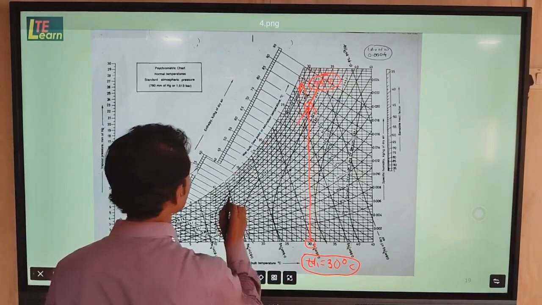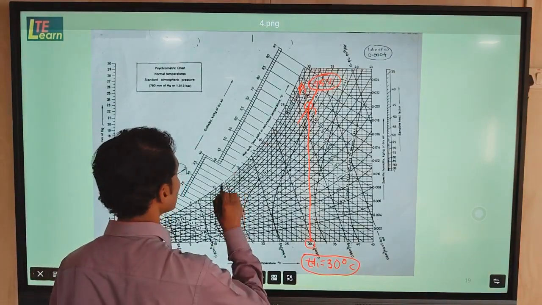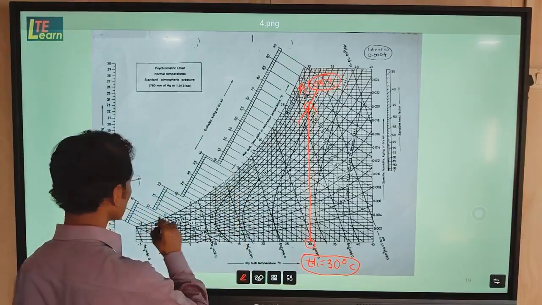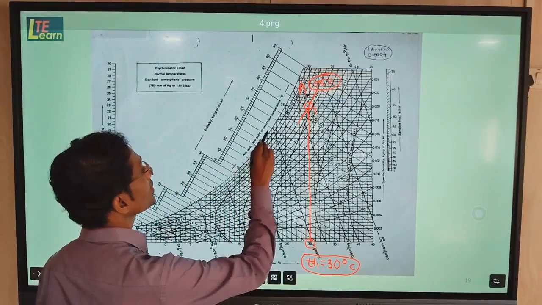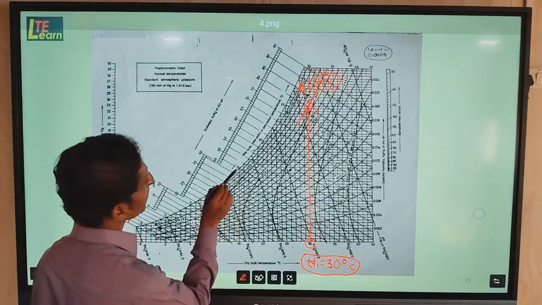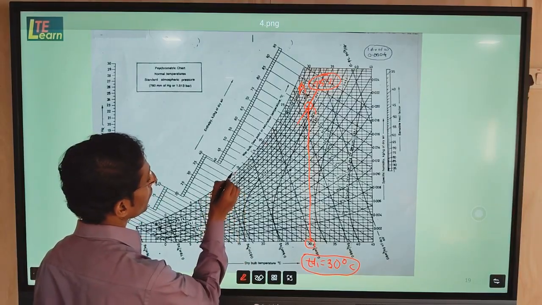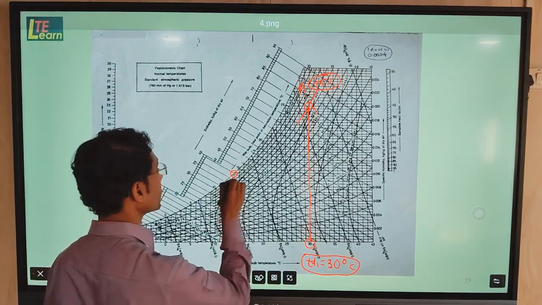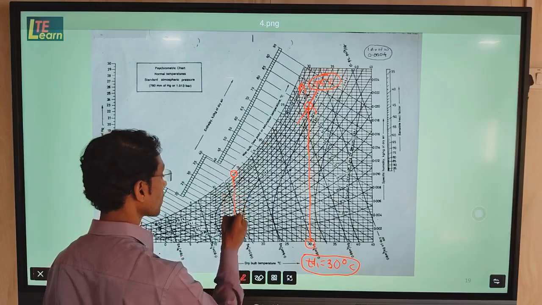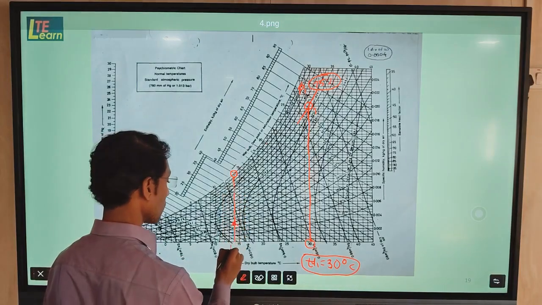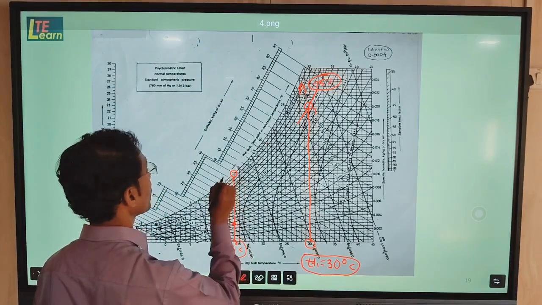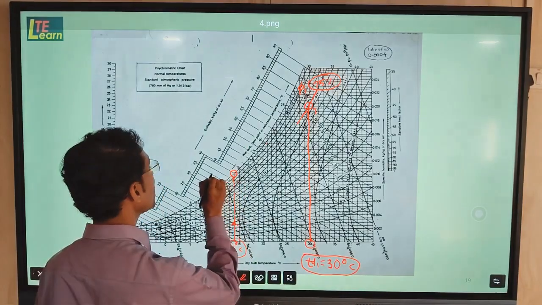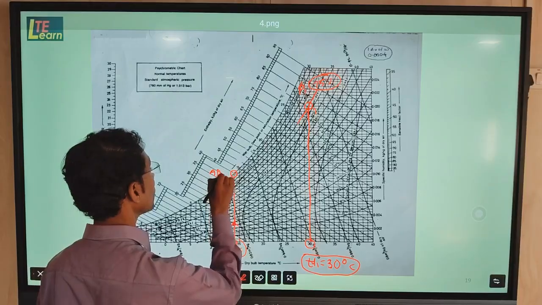Then we are given the ADP of the coil, that is 14 degrees Celsius. So this is the saturation curve, and here is 15, so this point will be 14 degrees Celsius. We can see this point here, 14 degrees Celsius. So this point is the ADP point.